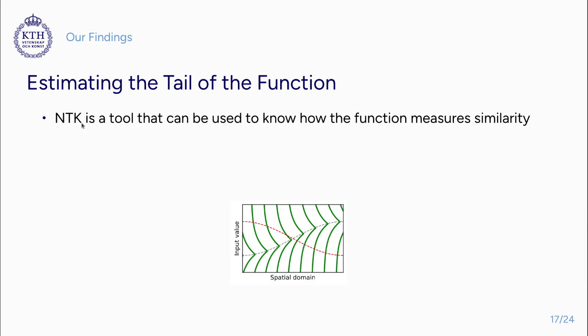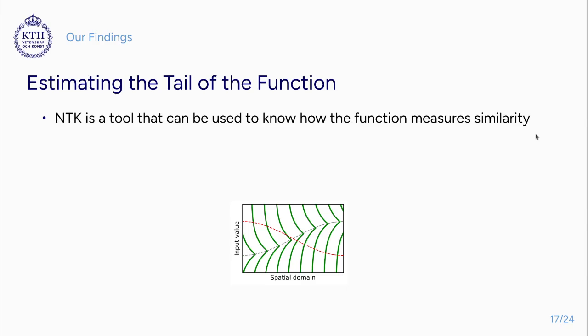I will put some references about neural tangent kernels and how we study them in this work in the description of the video. The thing that intuitively we need to know here is that these functions that we create with neural networks can be seen as functions that somehow measure similarities between samples in the input space and give similar labels to samples that are similar. But the question is, what does that similarity measure look like?